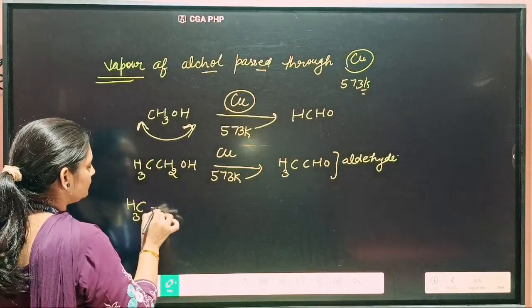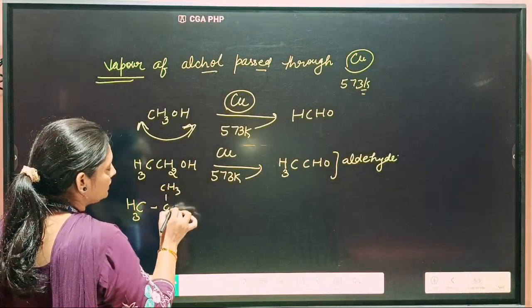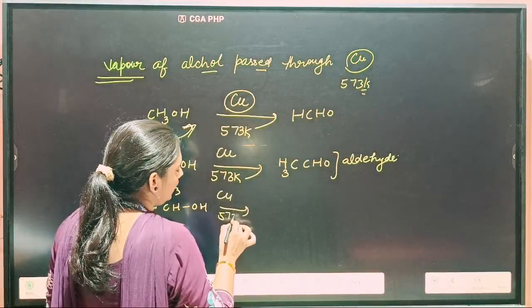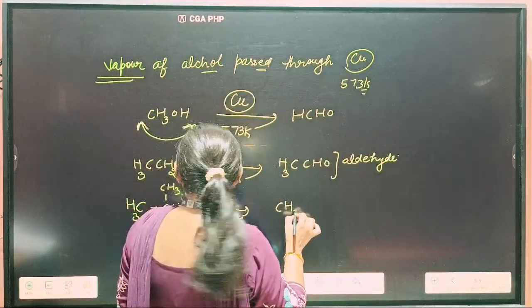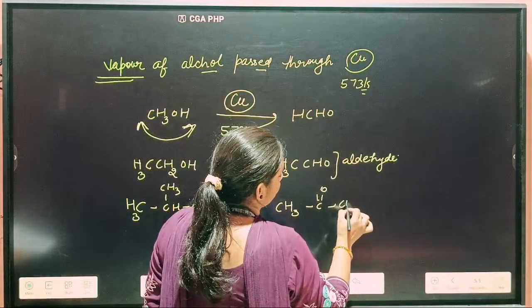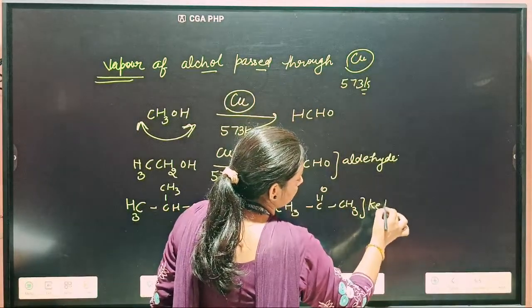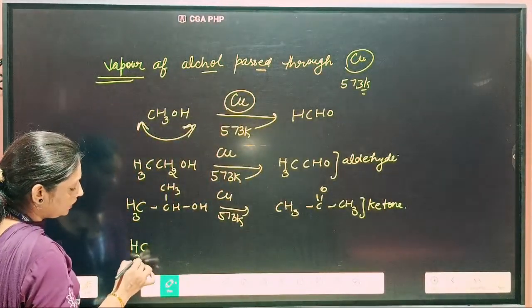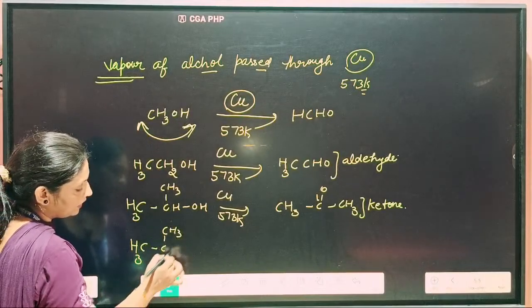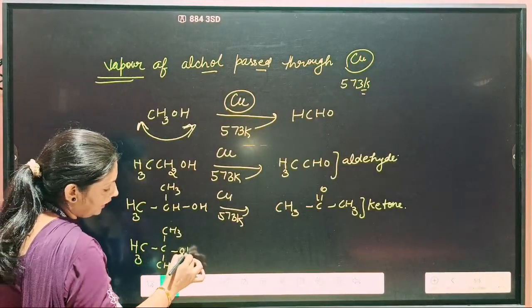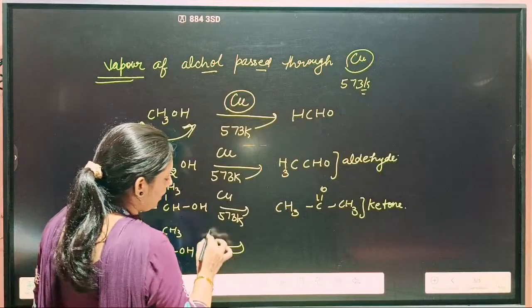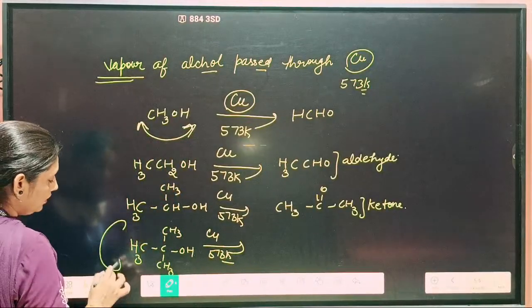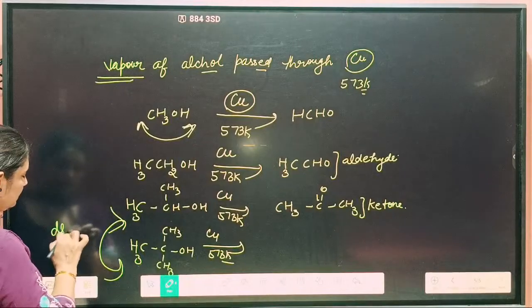And secondary alcohol, again they will give us ketone. And students, further, if we have tertiary alcohol and vapor of that passes through the copper at 573 Kelvin, then dehydration takes place.